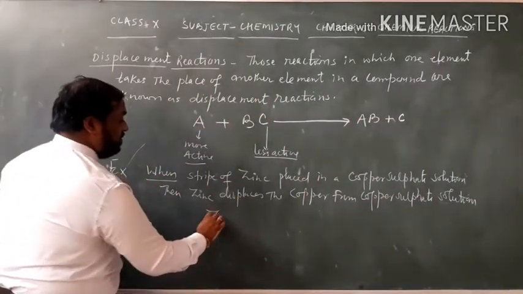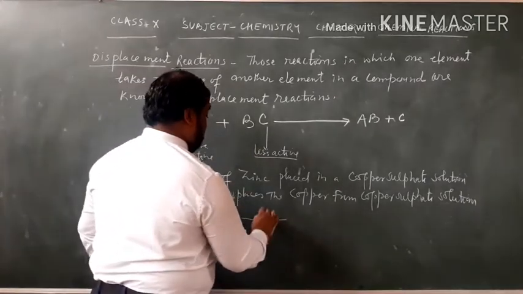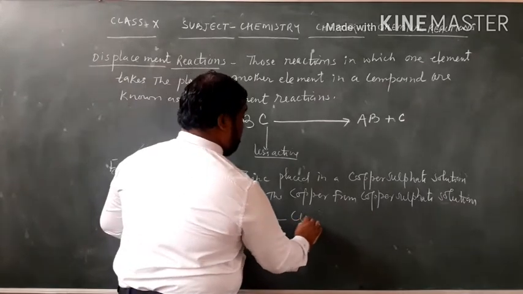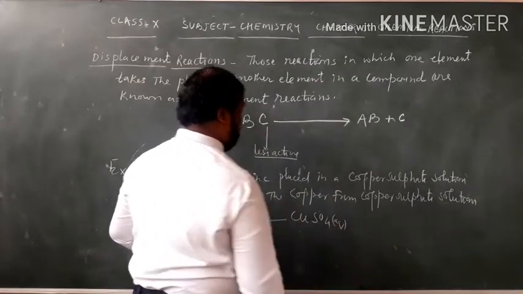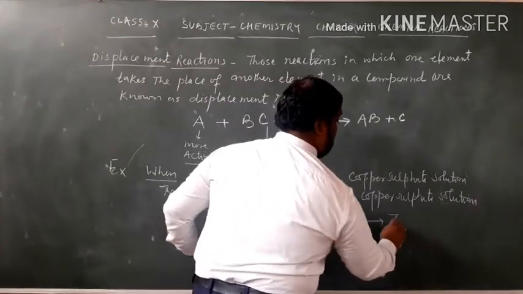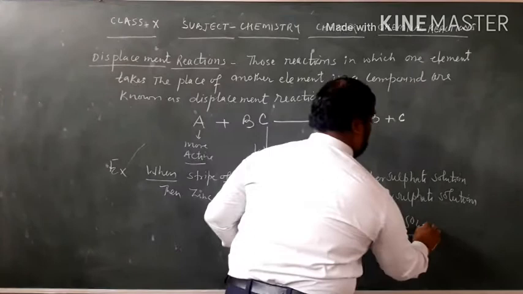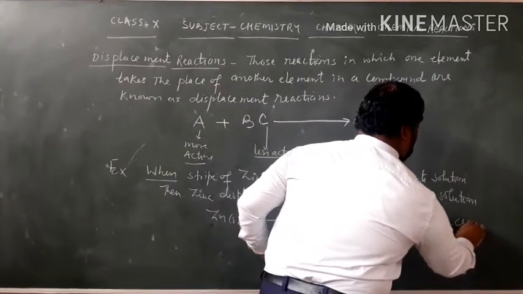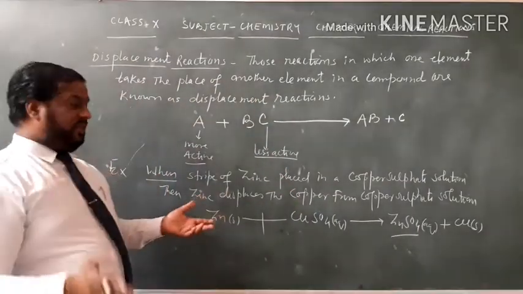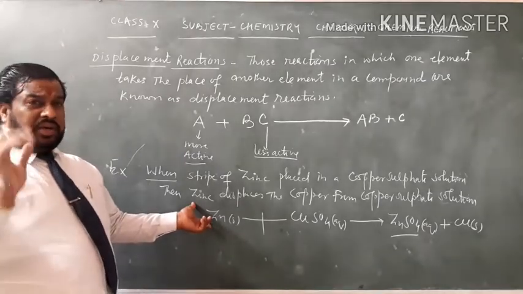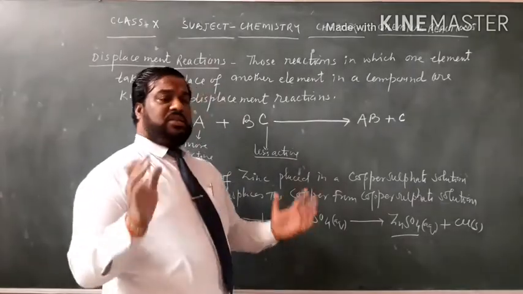So here zinc solid plus copper sulfate, CuSO4 aqueous, gives zinc sulfate aqueous and copper solid removed. So in this reaction you have seen this zinc, a more active element, can displace copper from copper sulfate solution.